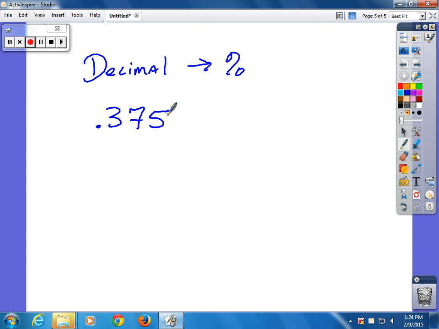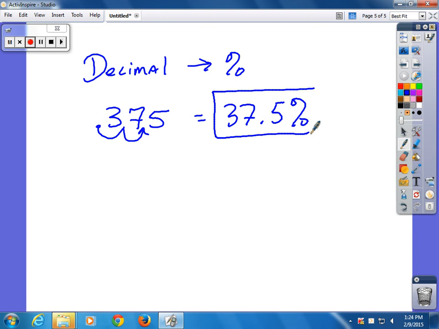If percent means over 100, then changing to percent means multiply by 100, right? If you multiply by 100, you move the decimal place what? 2 places to the right. Uno, dos. So when you're moving from a decimal to a percent, you multiply by 100.